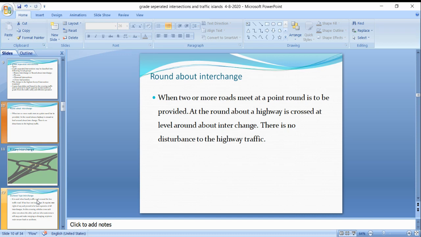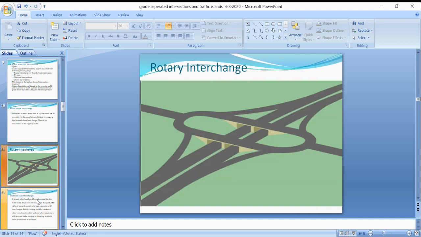When two roads are coming and meeting at that location, if you provide a round, the highway is crossed at level by the roundabout interchange, so there is no disturbance to the highway traffic. Wherever the highway road is crossing the other road, they will provide this roundabout interchange. So there is no disturbance to the highway.